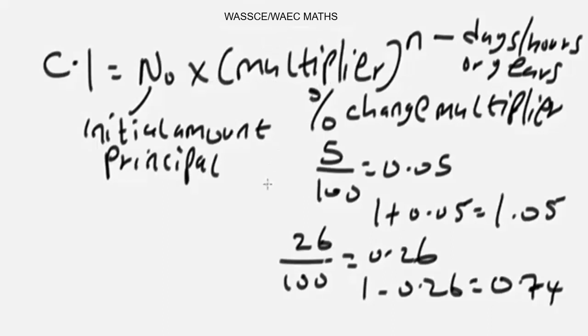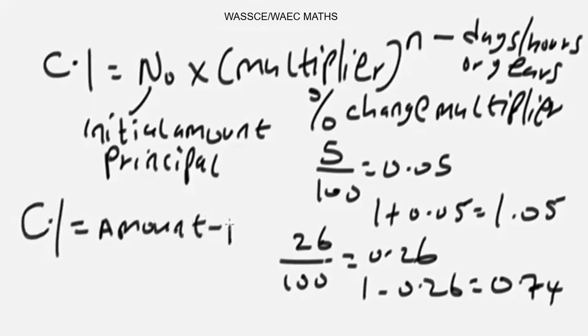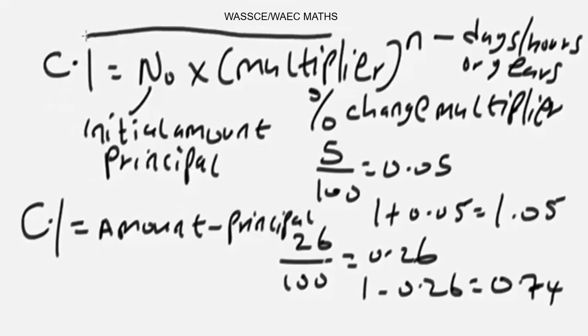So the compound interest will be the amount minus the principal. You use this formula to get the amount. So let's wipe this and look at the practice question.